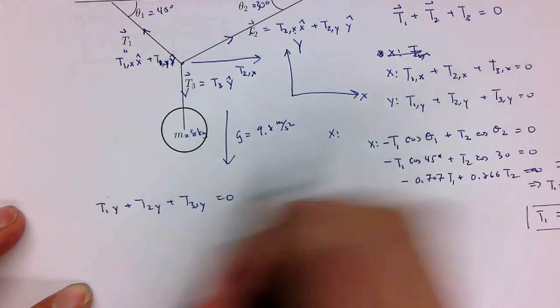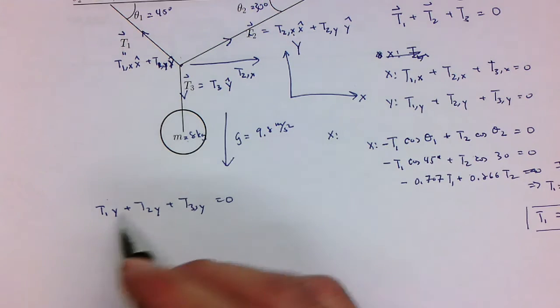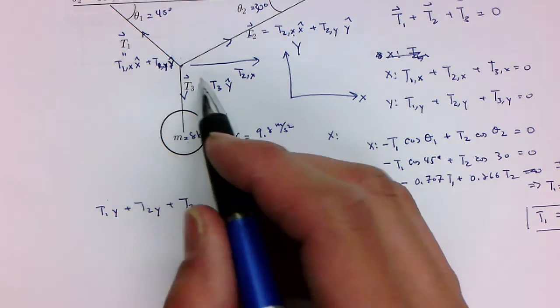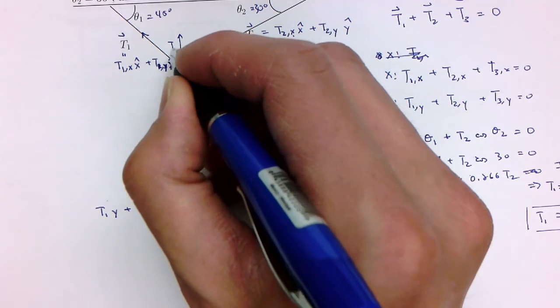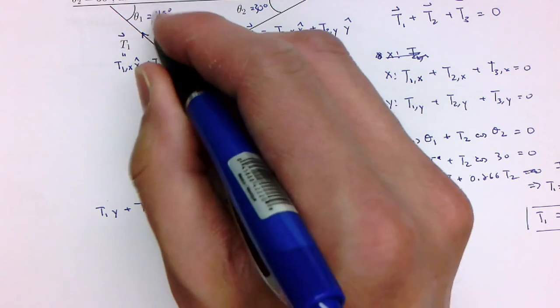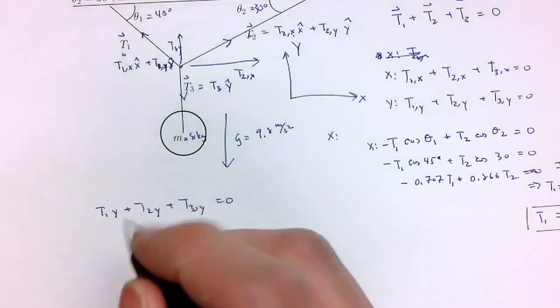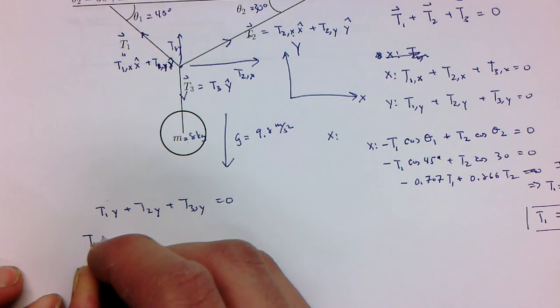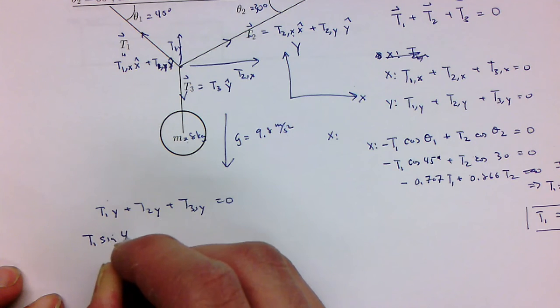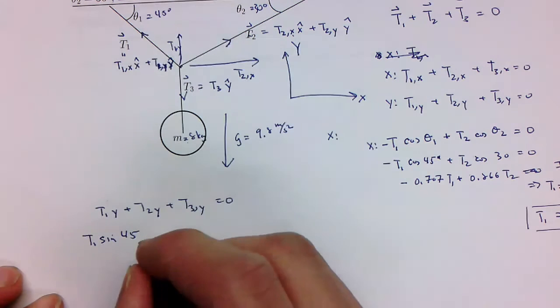That's just this equation, I'm just writing it down again. So T1y, if we look at this picture right here, is pointing upwards in the y direction, so it's going to be T1 sine of 45.